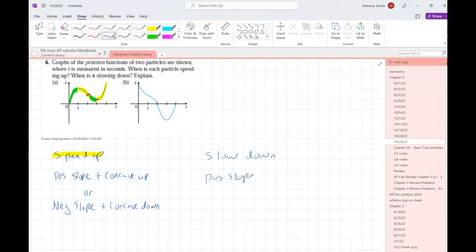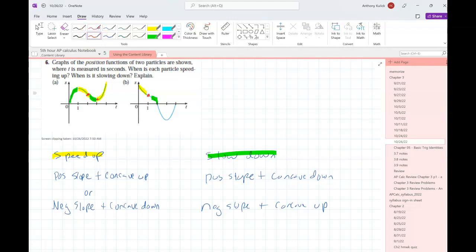So for slowing down, we'd have positive slope plus concave down, or negative slope and concave up. So it looks like here we're speeding up probably until we get to 1. And then we slow down for a minute, right?